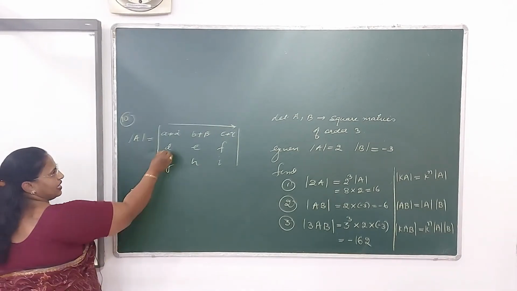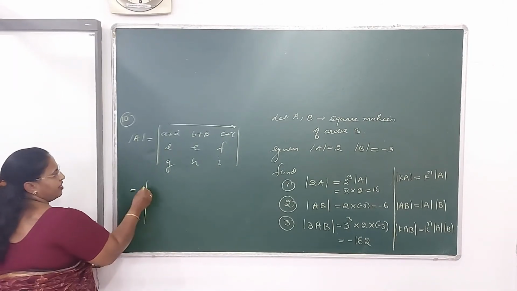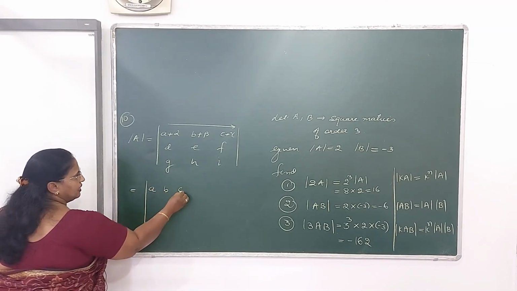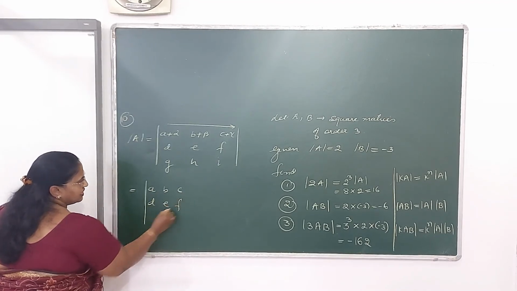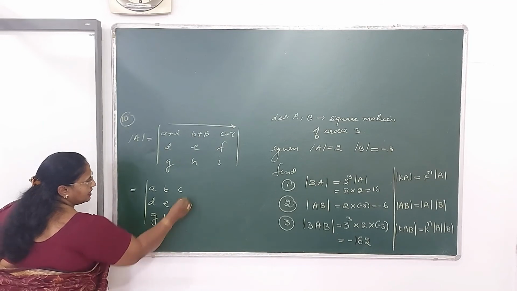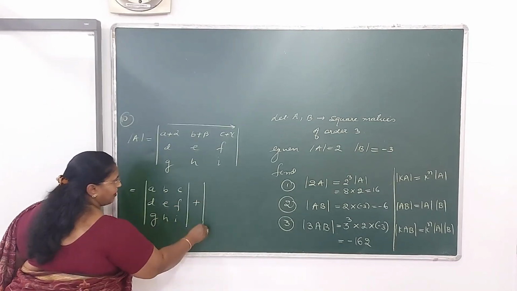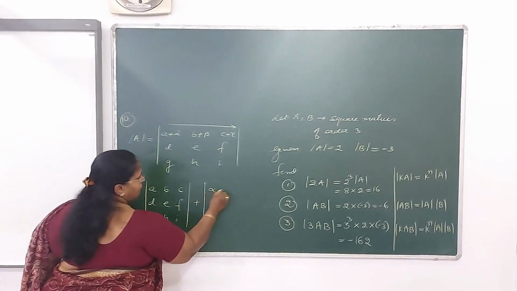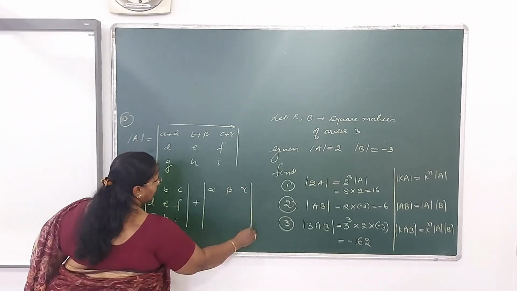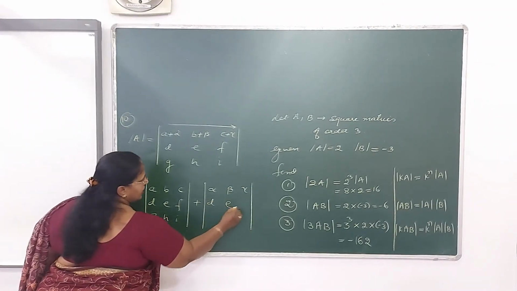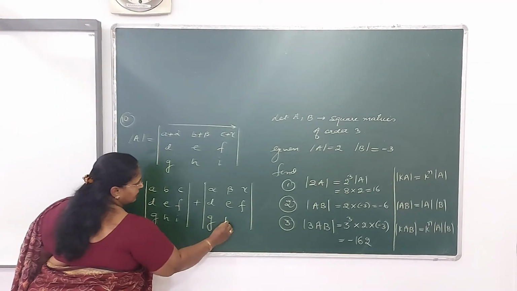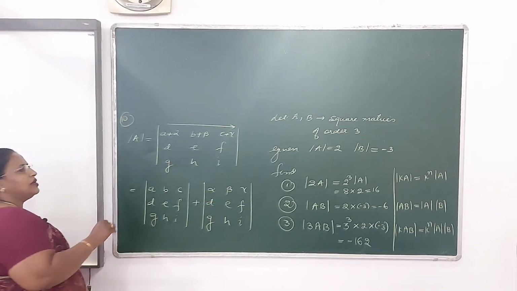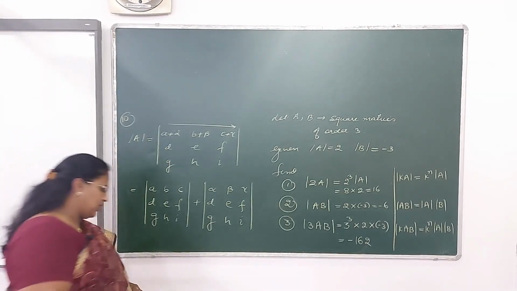How? We can split it. The very first will be a, b, c; d, e, f; g, h, i, and the second part of this determinant you can write as alpha, beta, gamma; d, e, f; g, h, i.